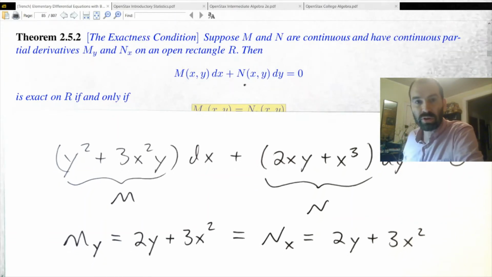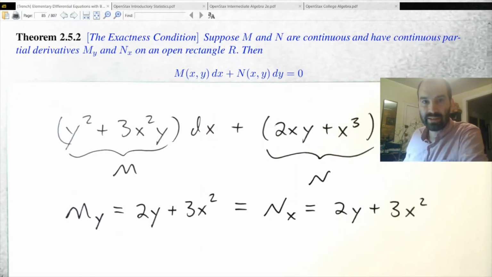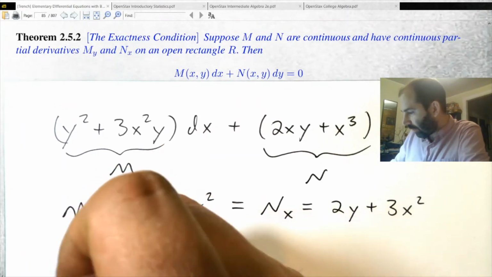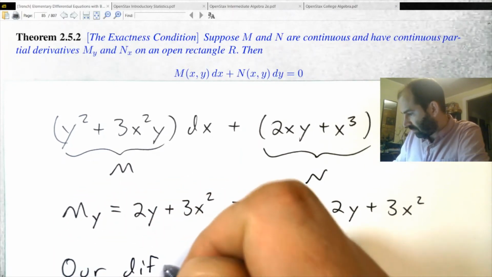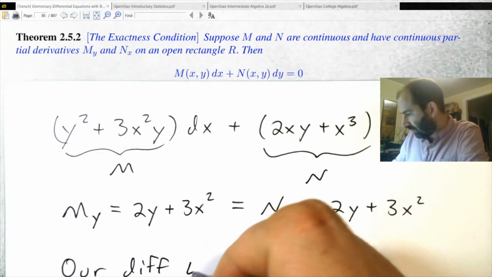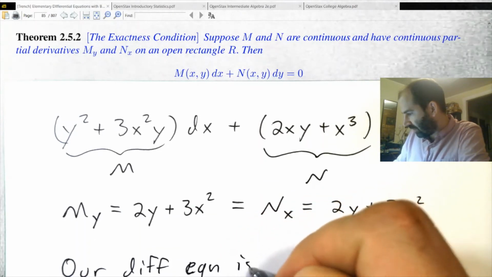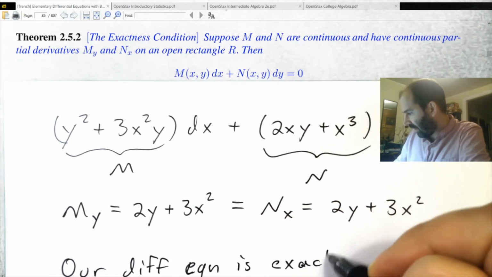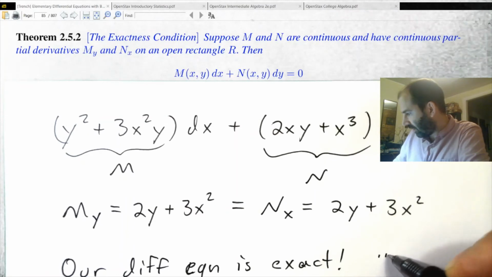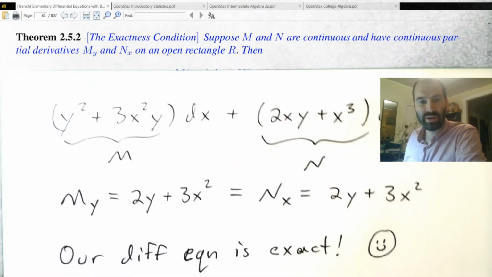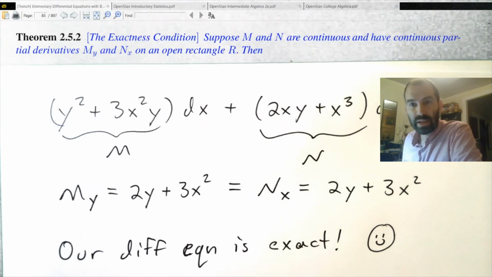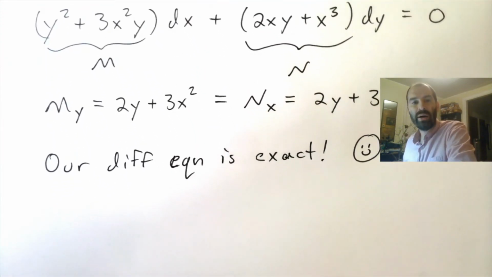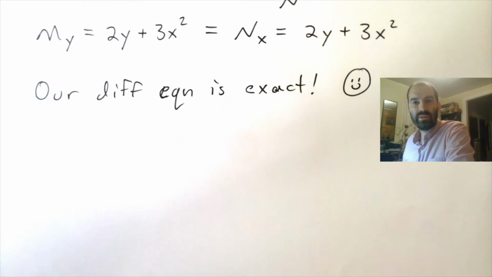So what we've concluded here is that our differential equation is exact, and that makes us very happy, because that means we can expect to find a solution. Now, how would we go about doing that?